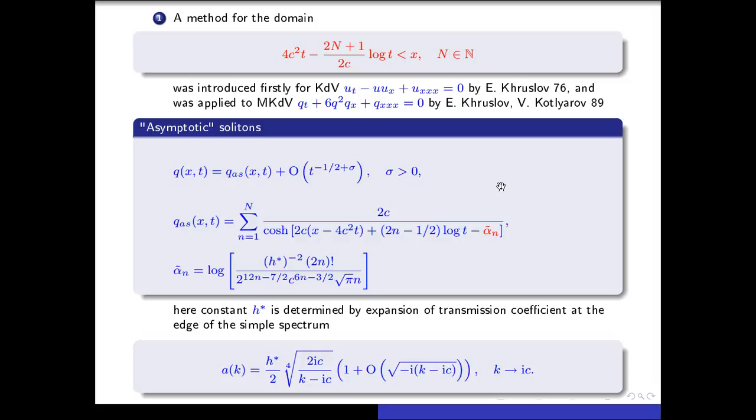The influence of the initial profile is presented here in this coefficient alpha tilde. It comes through this quantity h star, which is in its turn associated with the transmission coefficient.